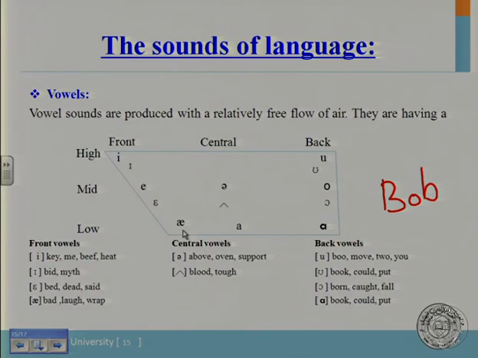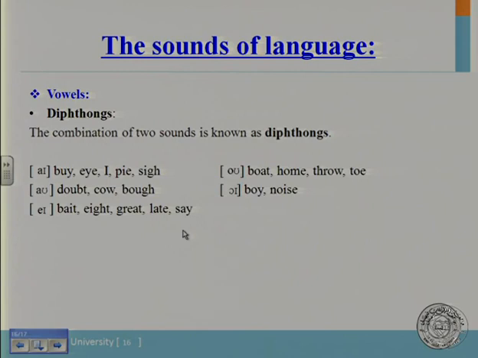So these are the sounds, and you need to practice them well. Of course, on any website, if you just use Google or Yahoo by typing English vowels, you'll find all the vowels and can practice them. Next, in vowels we also have something called diphthongs. A diphthong is a combination of two sounds.